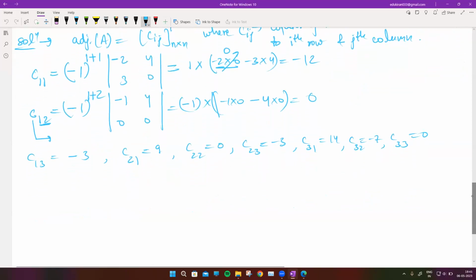Okay, so now we have all the cofactors. So the adjoint, yes.